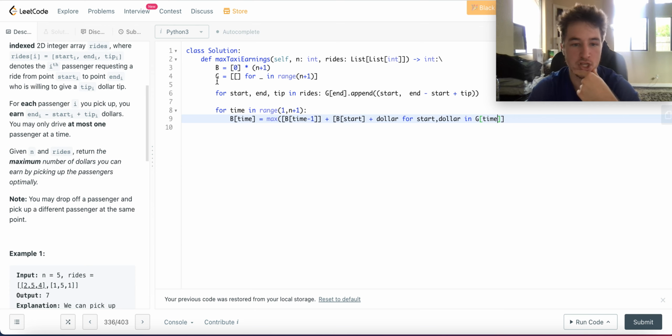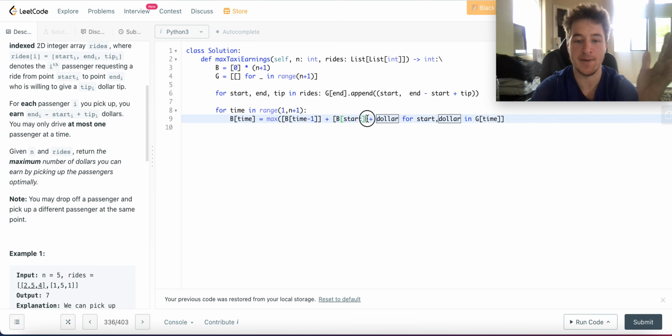Because this G will have, at any end time, all the nodes that lead into it, and the amount of money you'd get if you took that person, right? So either you don't take any of the people, or you take one of the people and you get the amount of money for taking that person and all the best amount of money you could get right before you picked up that person.